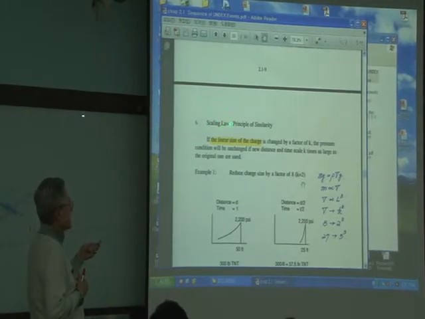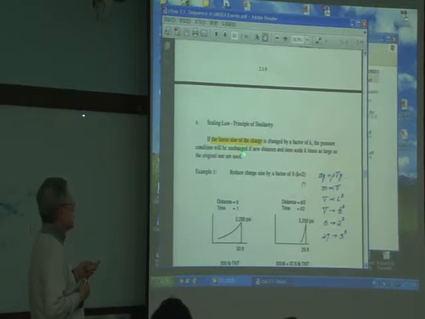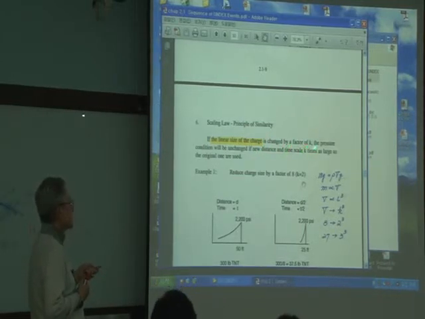The scaling law, which some people call the principle of similarity, same thing, says: if the linear size of the charge is changed by a factor of k, the pressure condition will be unchanged if the new distance and the time scale, k times as large or as small as the original one, are used.